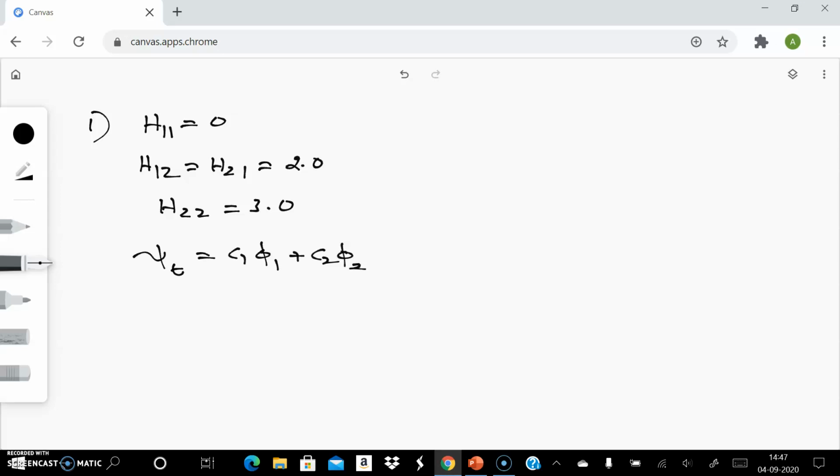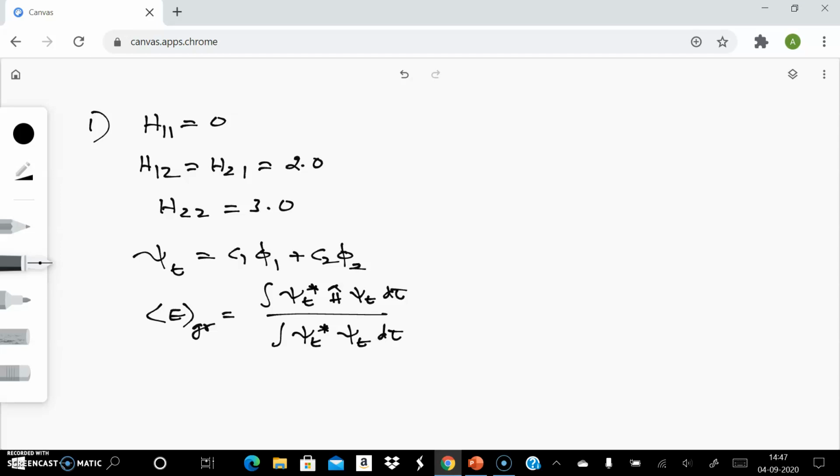If you calculate the average energy for the ground state using the trial wave function, this is the formula: integral of psi t star h operator psi t d tau divided by integral of psi t star psi t d tau, where psi t is the trial wave function.